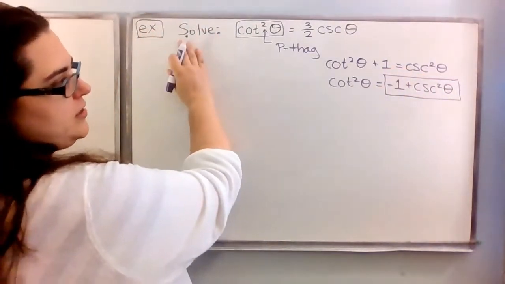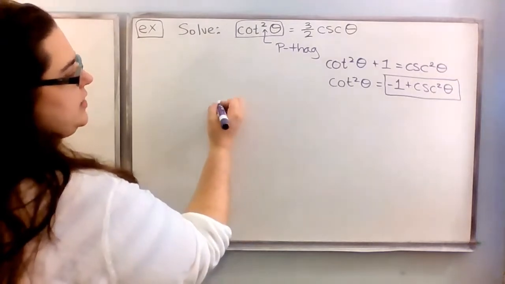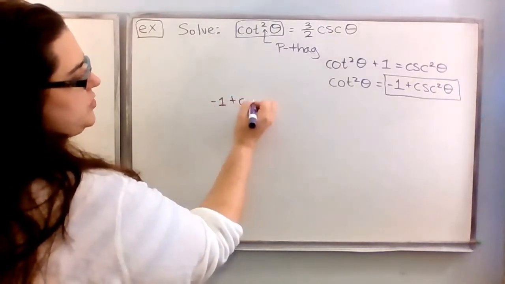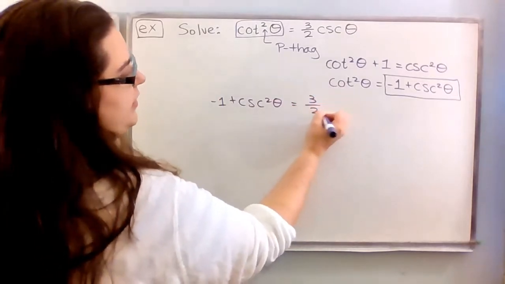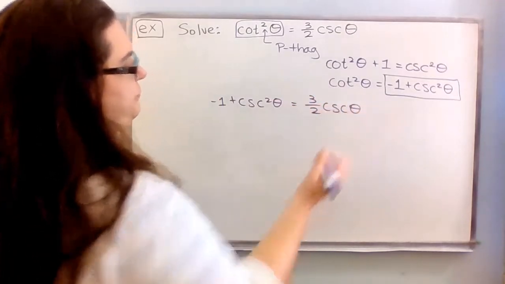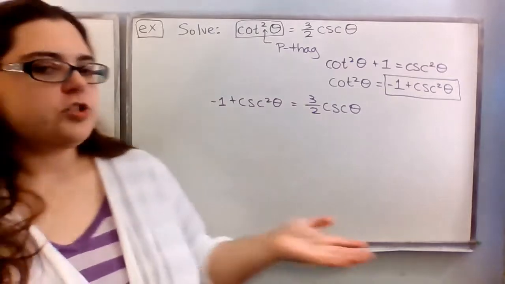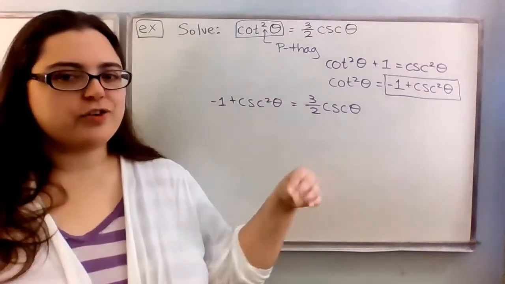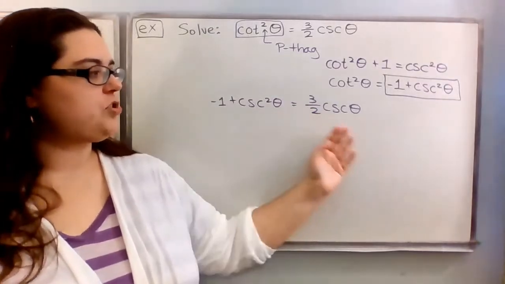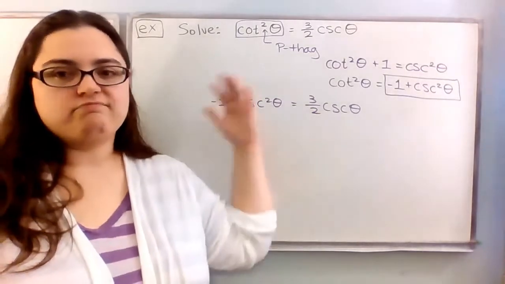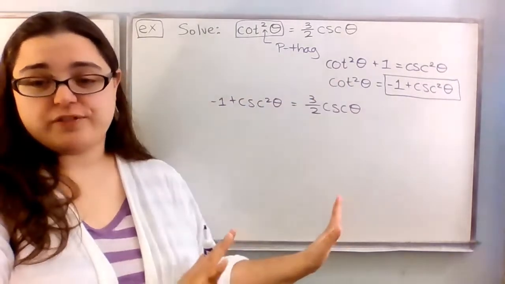So I'm going to rewrite this equation as -1 plus cosecant squared theta is equal to 3/2 cosecant theta. That's the first stage for this problem: rewriting it so that we have the same trig function throughout the equation. We only have one trig function to worry about.